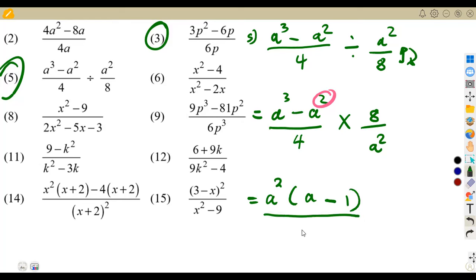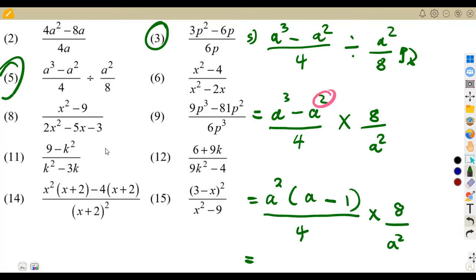Everything over 4, there's nothing that we can do to 4. There's also nothing that we can do on a, or on a squared. You can't factorize a single term. It's just a single term like that. But be careful here. Remember, you can reduce as long as it is between the numerator and the denominator.